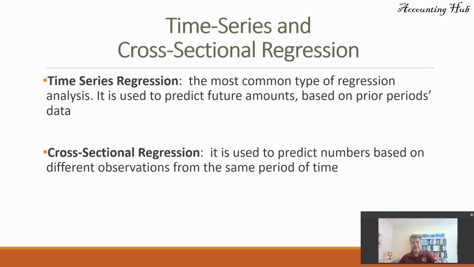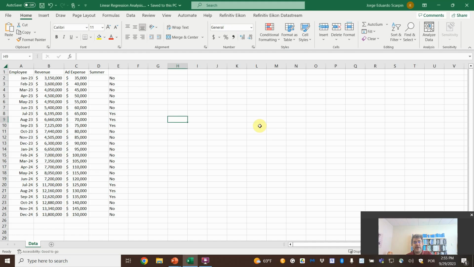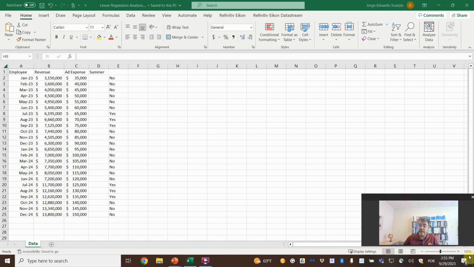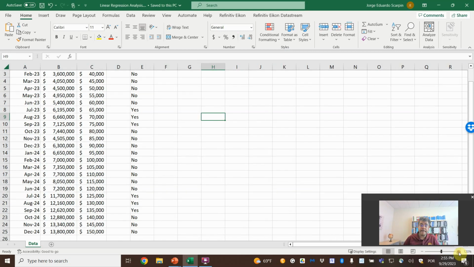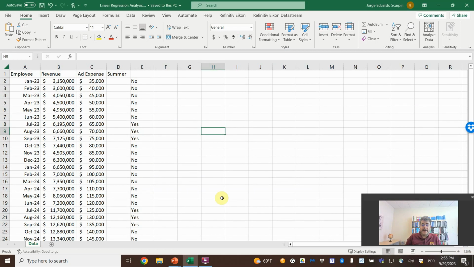So, okay, let's go to our data. Let's go to our Excel file. Here, let me zoom in. We have some numbers, revenue and ad expense, and then we have a summary, which we will talk about later.